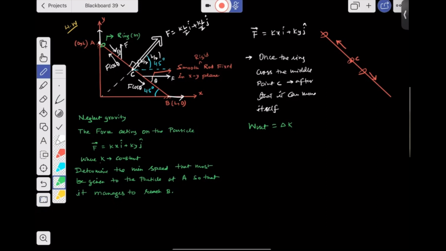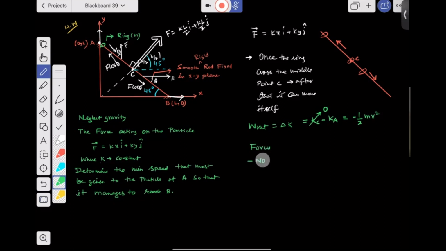So limiting case we consider it to be reaching with zero speed only. So it will be final kinetic energy at C minus kinetic energy at A. Kinetic energy at C is 0, and suppose it is projected with a speed V, so it will be minus half mv square.